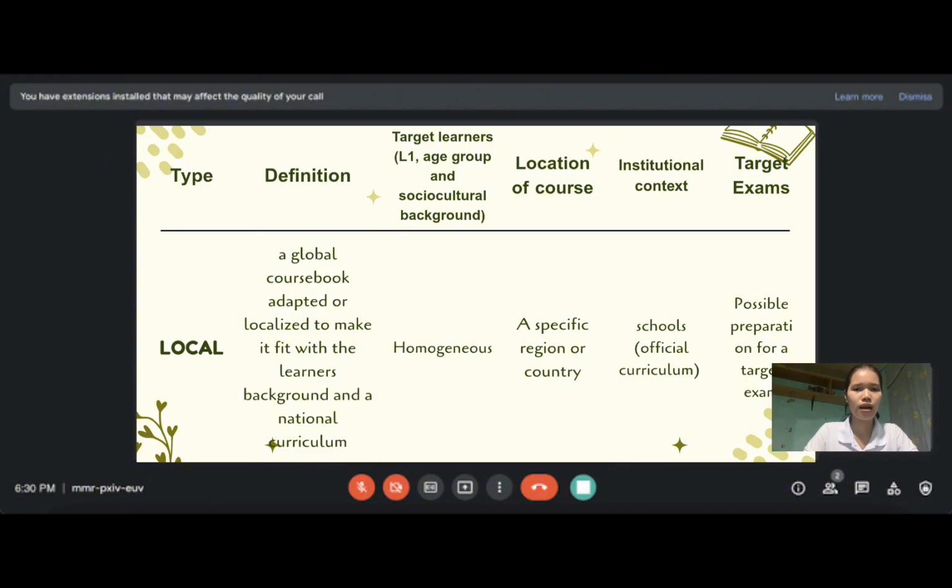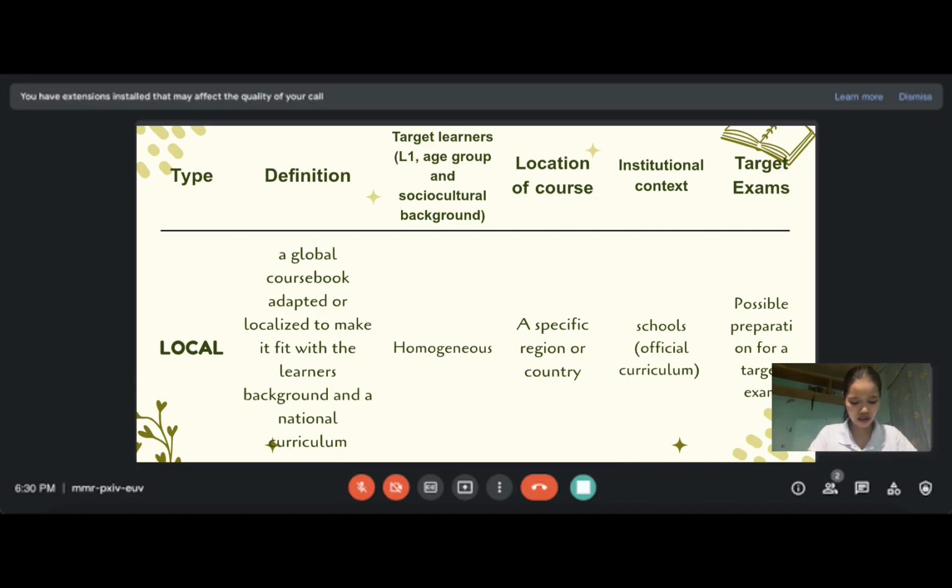So they must be using the Oxford Headway or another type of course book that can be used globally. They're preparing for an exam to measure their English capability, or they're preparing for an exam to study abroad or work abroad. So they're using that global course book.